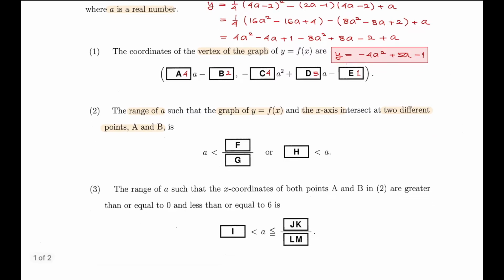So if I illustrate the graph, it should be something like this.